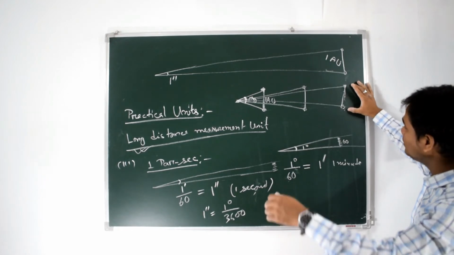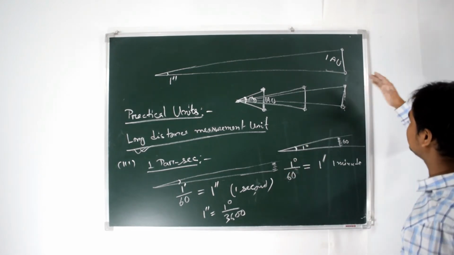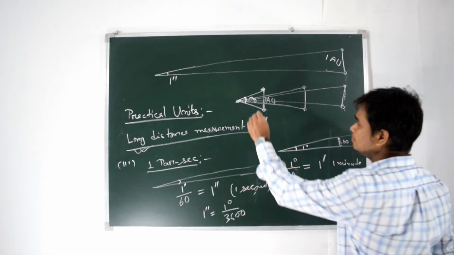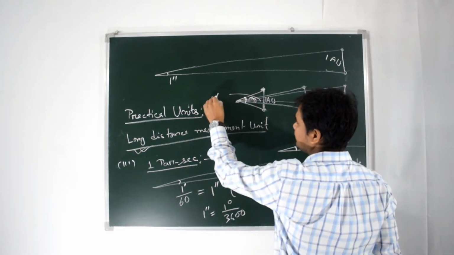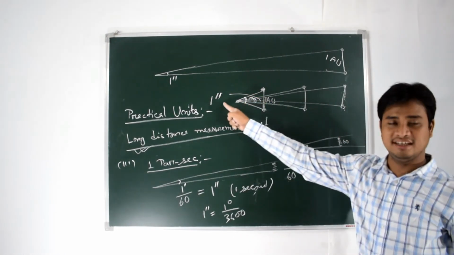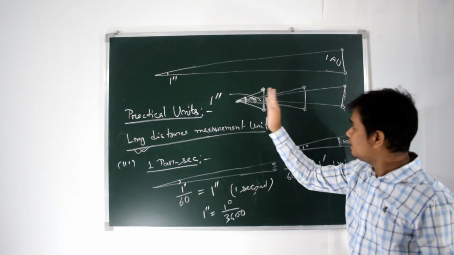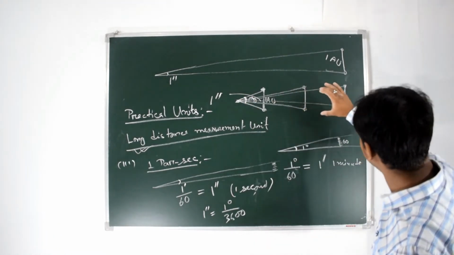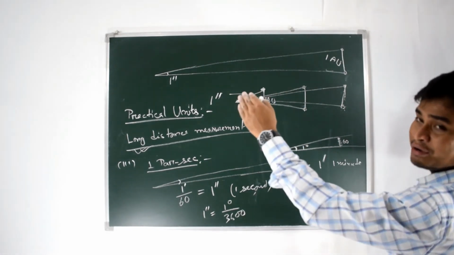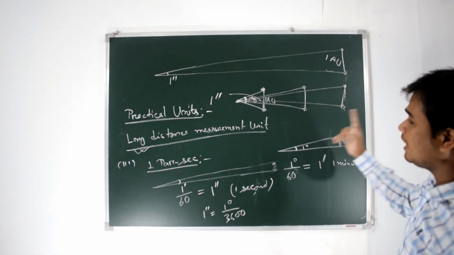We will increase the distance far away. Then there will be an angle that is 1 second, when this 1 astronomical unit is that far away from us.